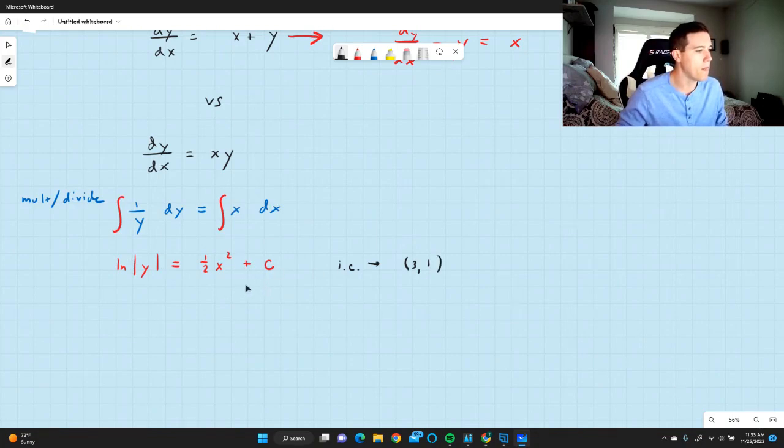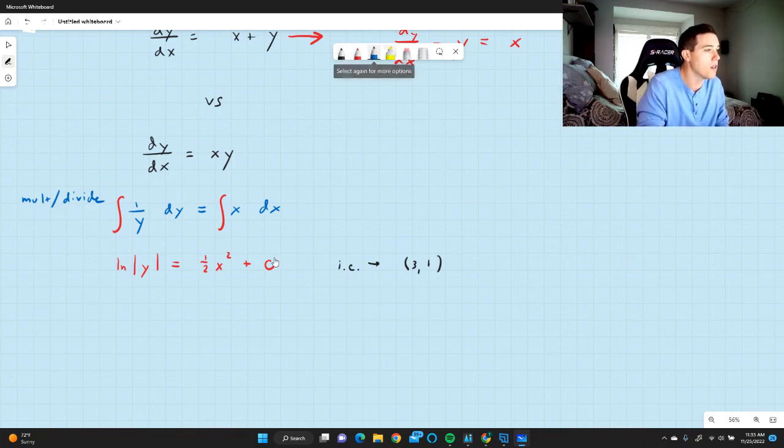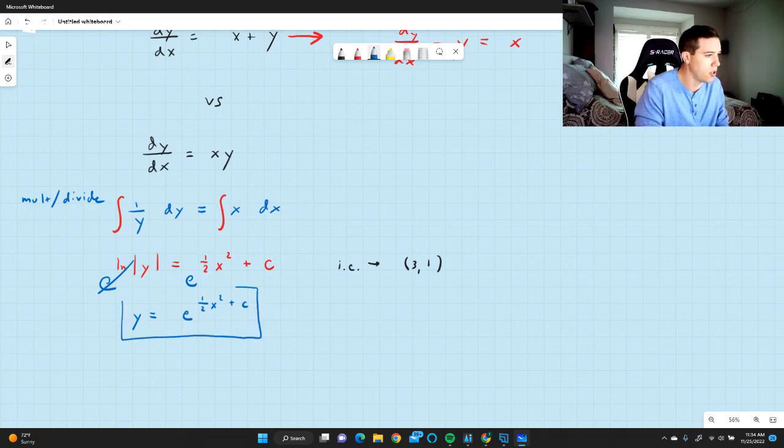Now, before we do that, this technically, if you get the y by itself at this point, where you e both sides, and you have absolute value of y, I'm going to ignore the absolute value right now. Talk more about that later. If you just left your answer like this, it is called the general solution.